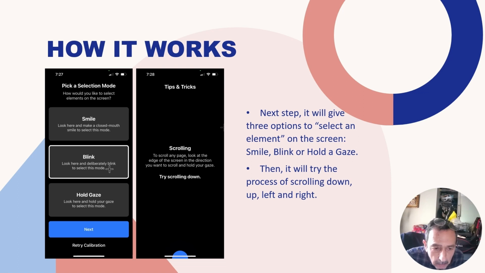It depends on the individual's ability actually. Then it will try to process scrolling down, up, left and right. So by looking down or up, looking at the right, looking at the left, it will scroll the screen.